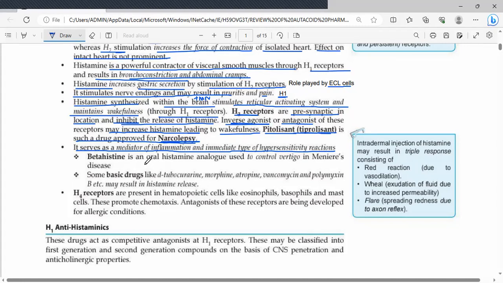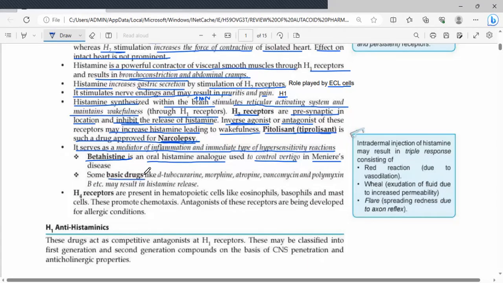So we have a drug known as betahistine, which is an oral histamine analog, and it is used to control vertigo in Meniere's disease. Now, some basic drugs.